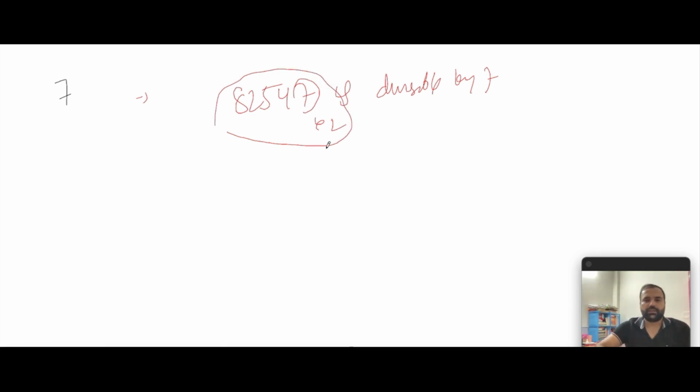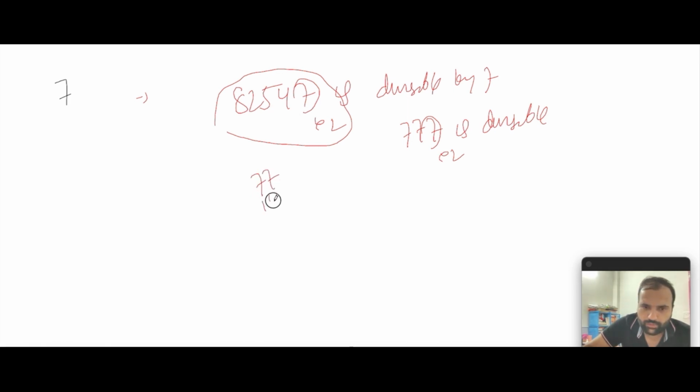For example, we know that 777 is divisible by 7. So let's prove whether what we are trying to do is right or not. We take the last digit and multiply by 2, so it's 14. So 77 minus 14 gives 63, which is divisible by 7, equal to 9, isn't it?